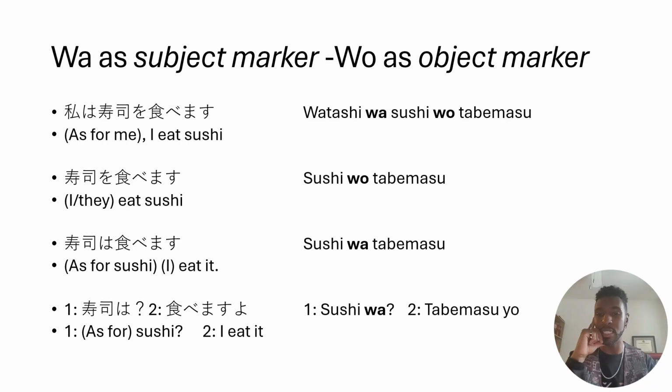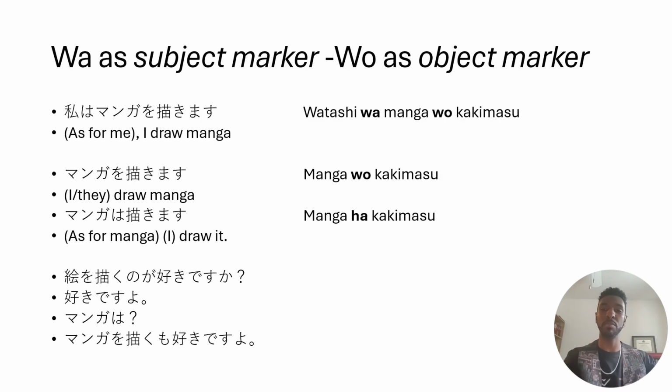Why am I using the subject indicator? Technically, it means, as for sushi, I eat that. So sushi is the subject of the sentence, and then you're following up by saying, yeah, I eat that. So if somebody asked, what about sushi? If you're having a conversation, they can be like, sushi wa? And you can be like, yeah, tabemasu yo. Maybe it'll make sense with another example.